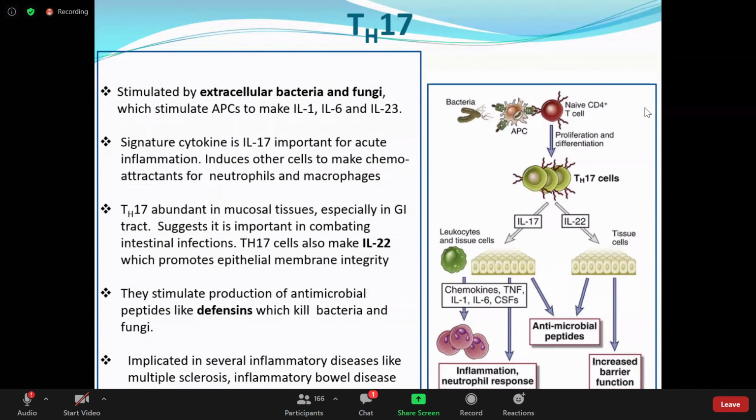So, in summary, Th1 and Th17 are essentially inflammatory. Th17s deal with extracellular bacteria or fungi through the action of neutrophils.